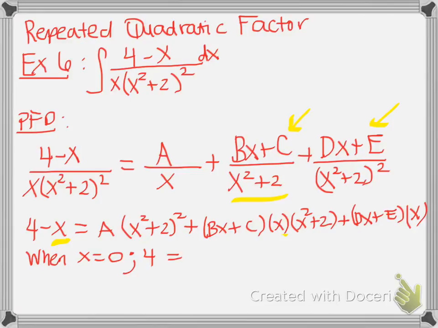This entire term goes away, and this entire term goes away, so we're left with a times (0 squared plus 2) squared, which is 2 squared. That gives us 4 equals 4a, and so a equals 1.